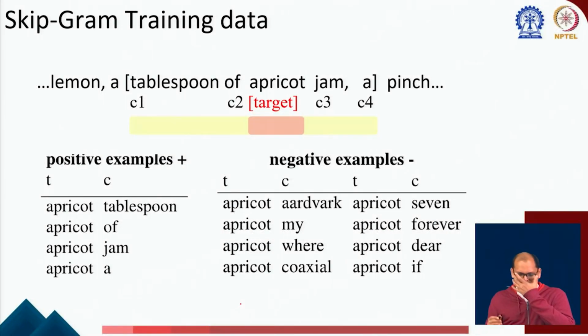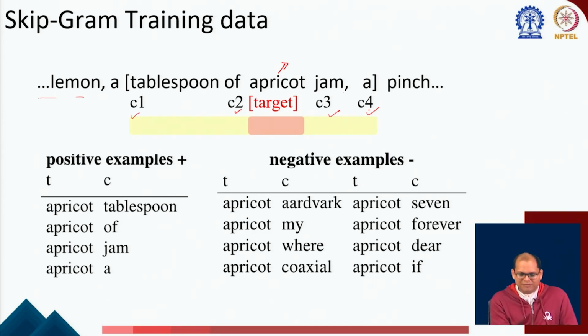So let us take an example to understand this pattern. Let's say I have a context where I am seeing lemon, a tablespoon of apricot jam, a pinch of whatever, salt, and so on. Say apricot is my target word, and I have a context window: tablespoon of jam a is my context.